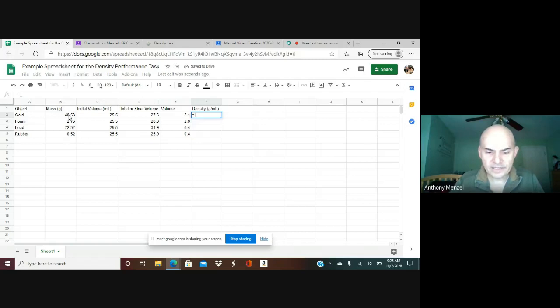And I'm going to do this through a formula. And then for my cross, whoops, didn't need this one. And then just make sure that each one has the 2 significant digits. And if something is floating, it should have a density of less than 1 when you round. And if something is sinking, it should have a density that is greater than 1.